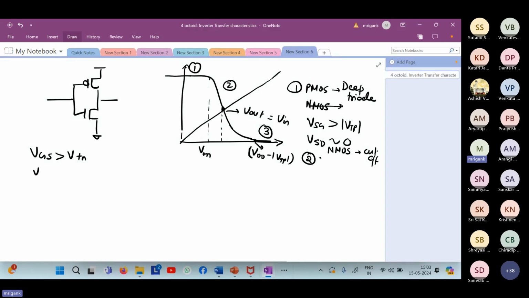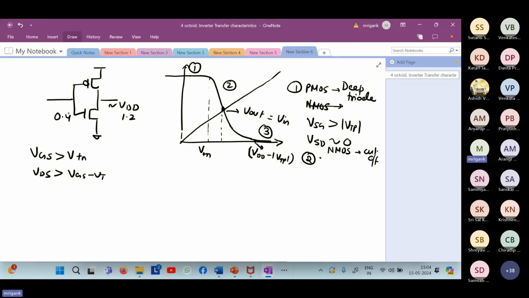So VDS is greater than VGS minus VT, because the drain is closer to VDD and the gate voltage is just higher than VTN. You can plug in some numbers also. VDD is 1.2 volt or 1 volt, and you are increasing the gate voltage further, maybe to 0.4 volt. In this region VDS is around 1 to 1.2 volt, and VGS is 0.4 volt.